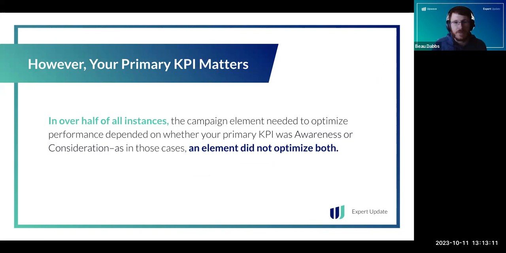For example, a creative might do a great job of driving consideration, but switching to it doesn't move the needle on awareness. Similarly, a publisher might drive aided awareness but not outperform others on consideration. We found that in over half of all campaigns, the campaign element you needed to optimize to increase awareness was different than the one you needed to optimize for consideration.